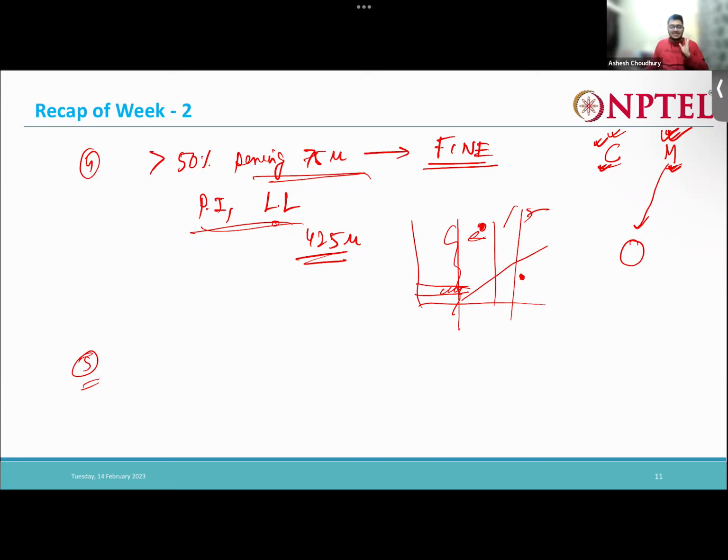Exactly 50% fine: exactly 50% is less than 75 micron and exactly 50% is greater than 75 micron. This is a theoretically possible case, but practically it's almost impossible, like 50% fine content and 50% coarse content.